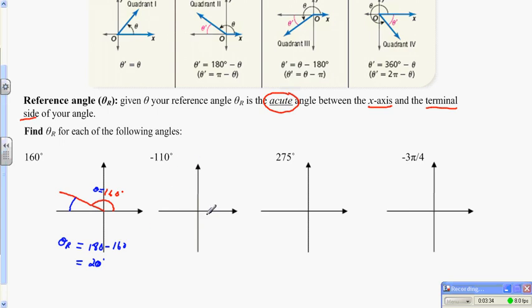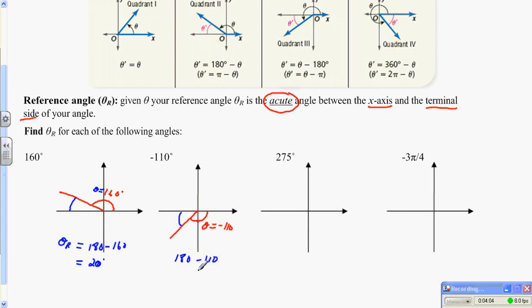Okay. Next one, negative 110. Negative 110 is a negative rotation, so it takes you past negative 90 here, somewhere. The reference angle is whatever it takes to get from the terminal side to the x-axis. Now that would be 180 minus 110.